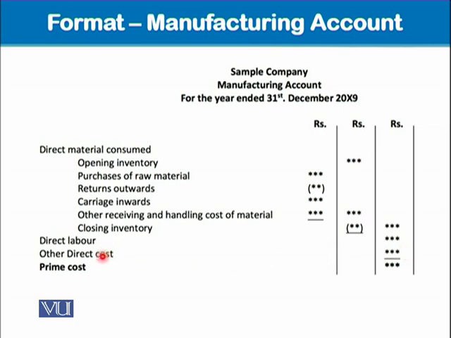In normal questions, you will not find this other direct cost, but because we are discussing a format, just to make it more comprehensive, any other direct cost, other than direct material consumed and direct labor cost, will be placed over here, so that we have prime cost with us. The combination of these direct costs is known as prime cost.